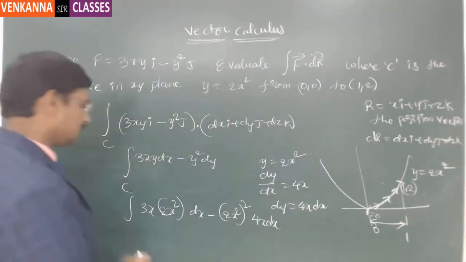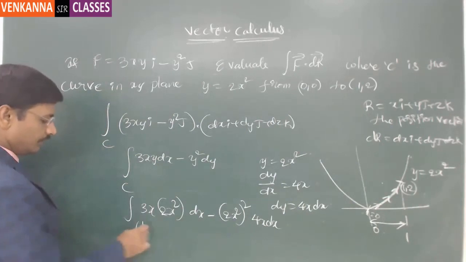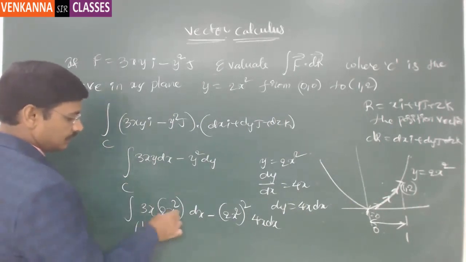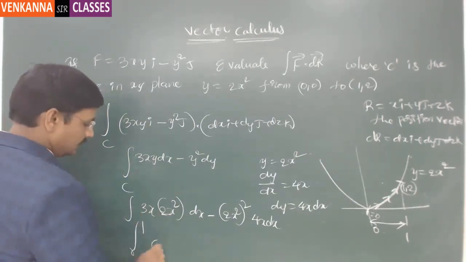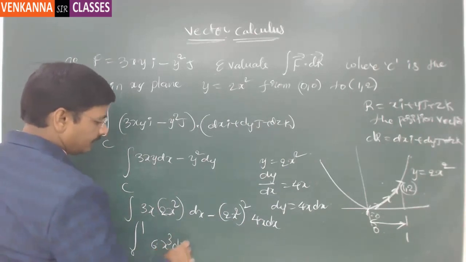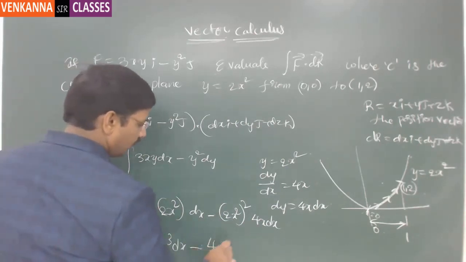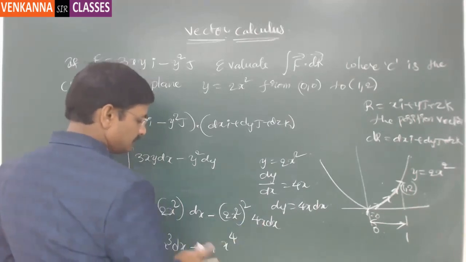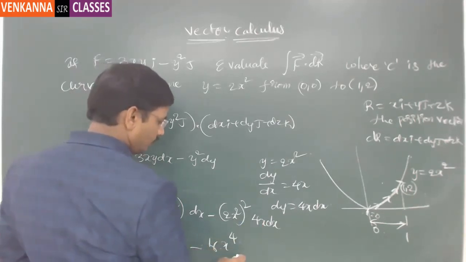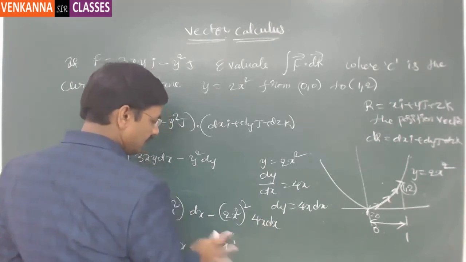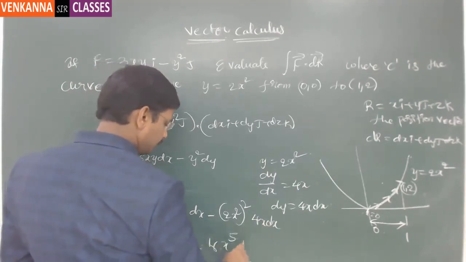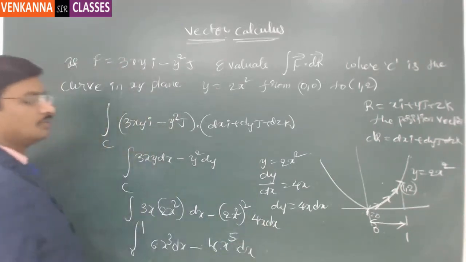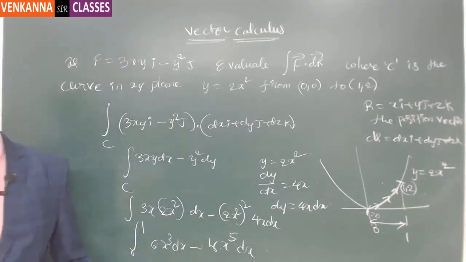So this is the integral from 0 to 1 of 6x cube dx minus 16 x power 5 dx, since 4x power 4 into 4 is 16 and times x is x power 5. You have to evaluate this integral and finally answer it.